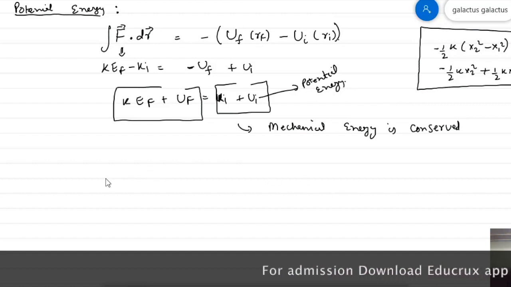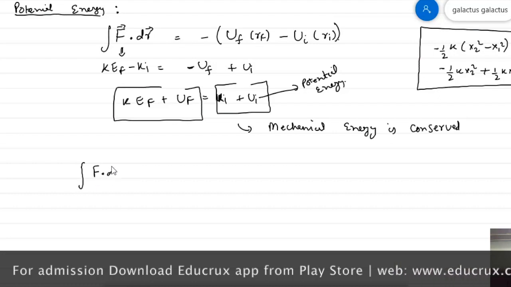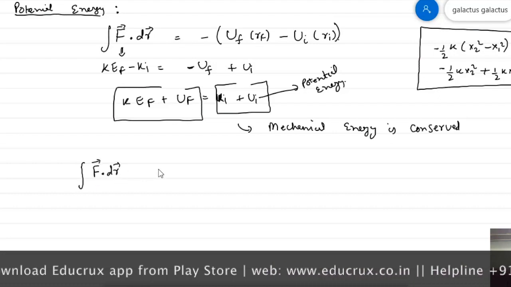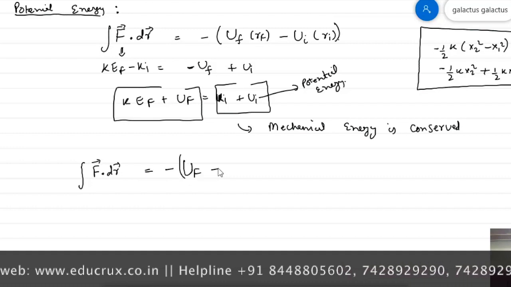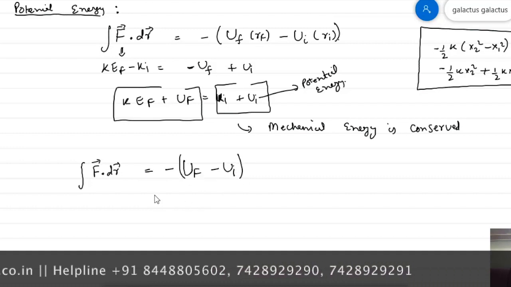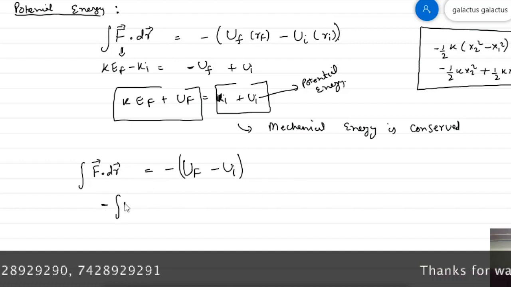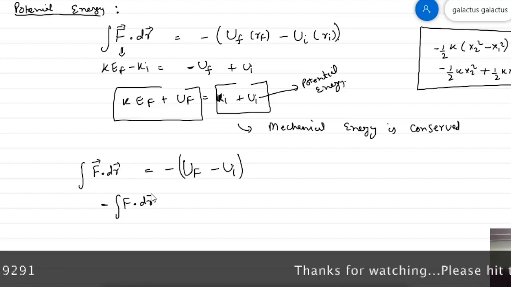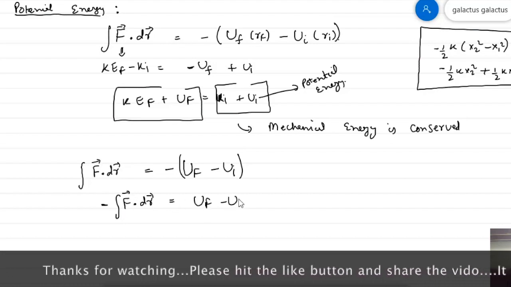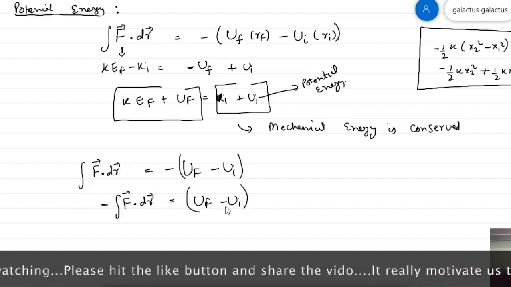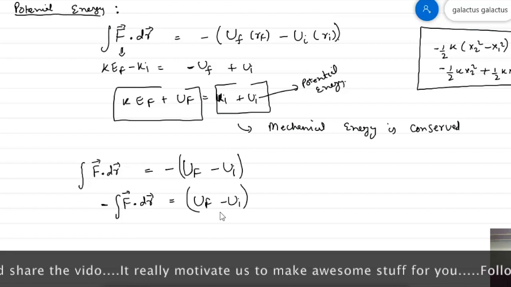And we can also see that minus f dot dr vector is equal to minus (uf minus ui). Okay, so I can define minus f dot dr vector as uf minus ui. So this is my potential energy of the system.